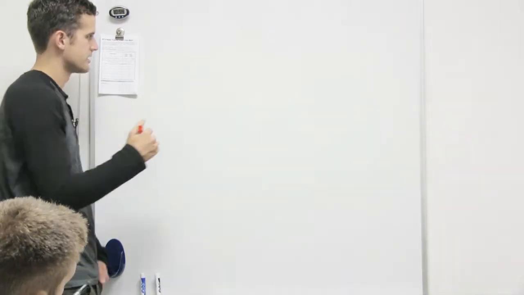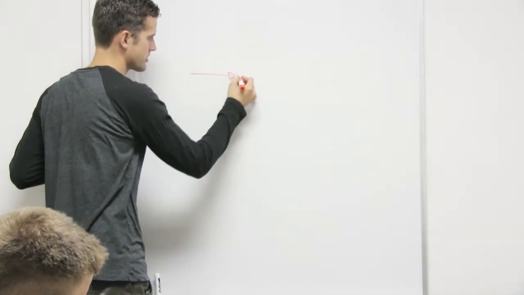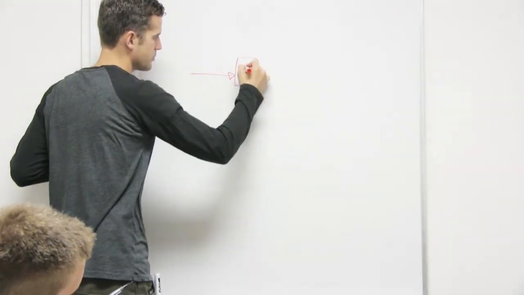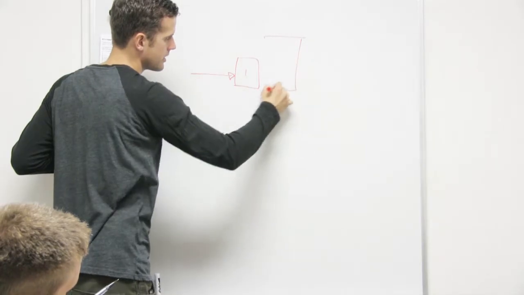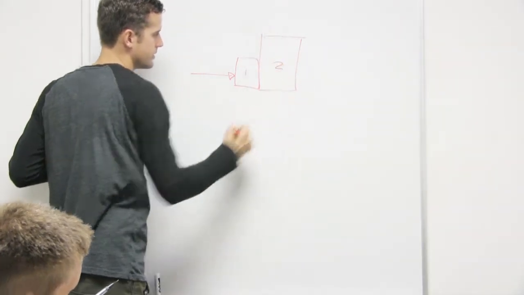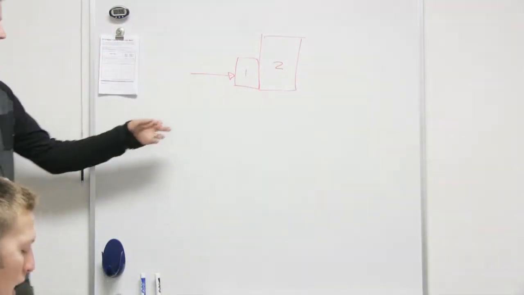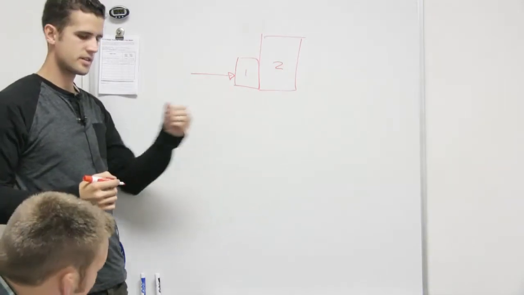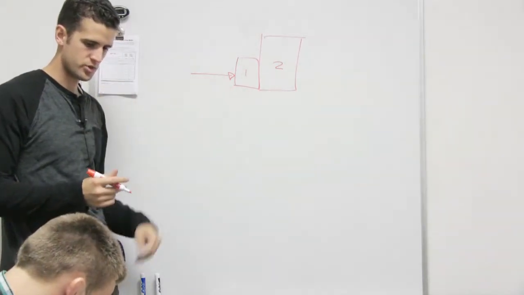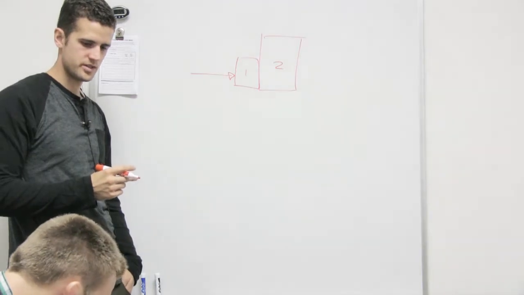So basically, in this one, you've got a force pushing block 1 and block 2. What will be the acceleration of 1 compared to the acceleration of 2? Which ones will be equal to each other?